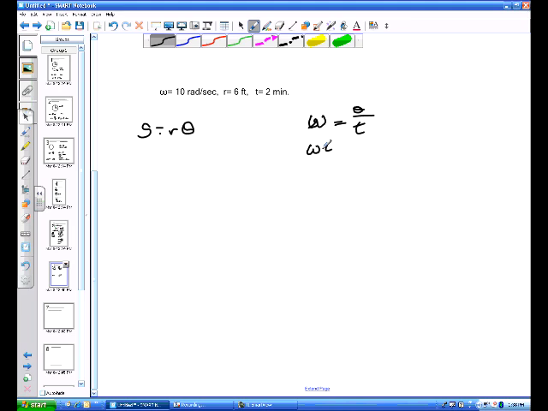So angular velocity times time equals theta. Well, our angular velocity was 10 radians per second, and our time is 2 minutes.